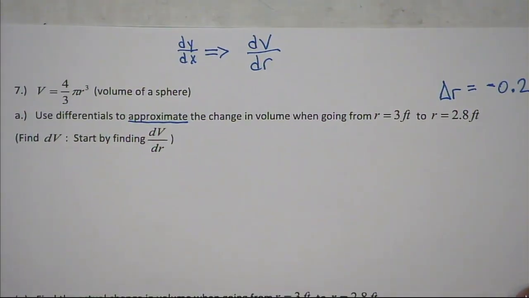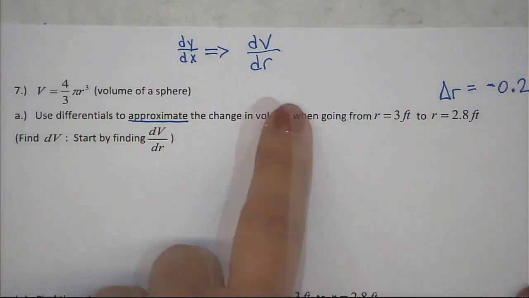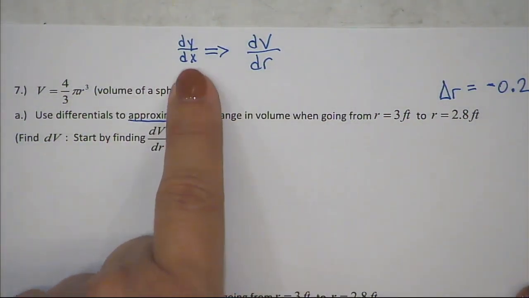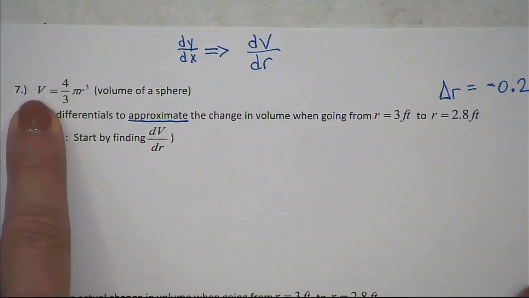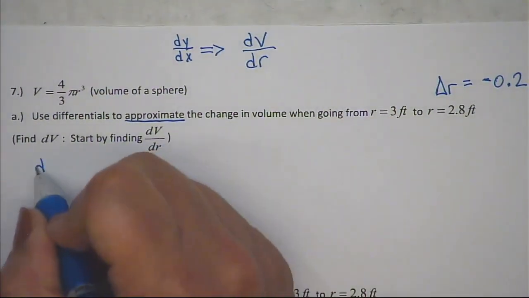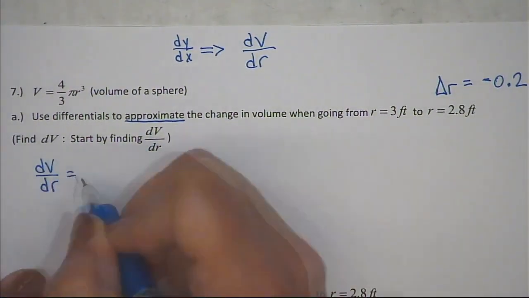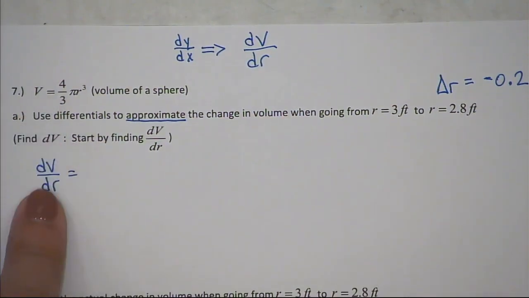If you ever need to figure out what's what, think about it that way. That helps some of you with the notation, because this is always y over here, okay? All right, so we're going to find the derivative. So dv dr, that's the derivative of v is 1 dv dr.